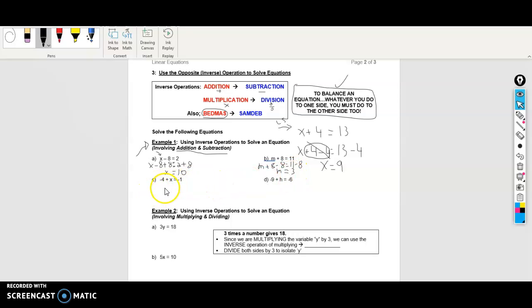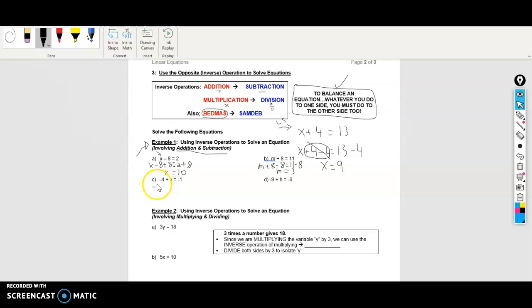Let's take a look at example C. For example C, we have minus 4 plus x is equal to negative 1. The opposite of minus 4 is plus 4. It looks a bit confusing because we wrote our variable second rather than first this time, but it's the same sort of idea. The opposite of minus 4 is plus 4.